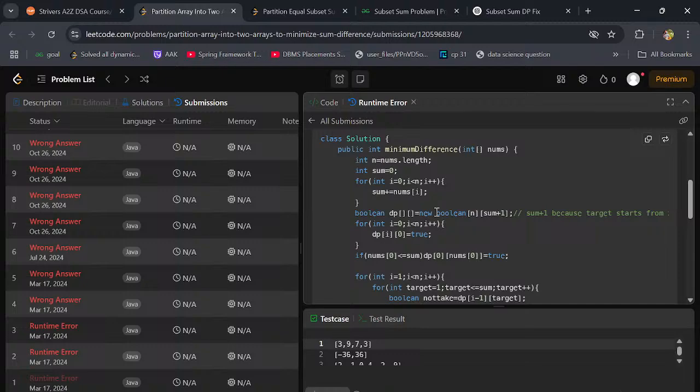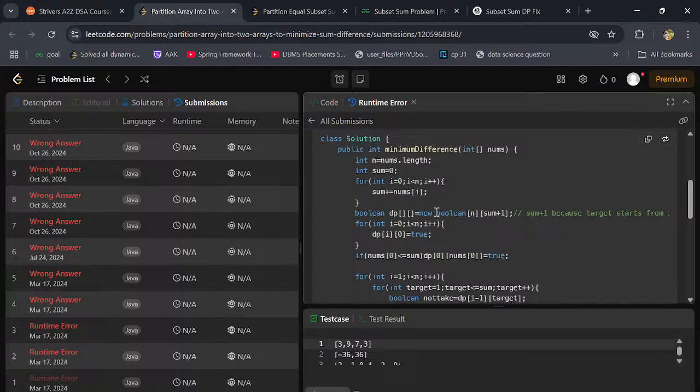If I take a subset of size 0, the total sum is 17, so the remaining subset is 17 minus 0, which is 17. The absolute difference between them is 17. If I get 15 as one subset sum, the absolute difference is 15, right? Can I generate this subset? No, with this it's possible, with this not possible.